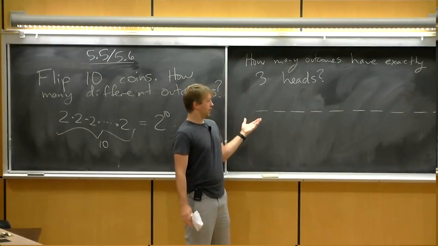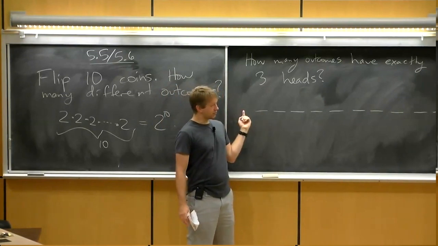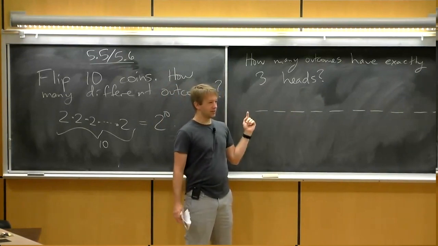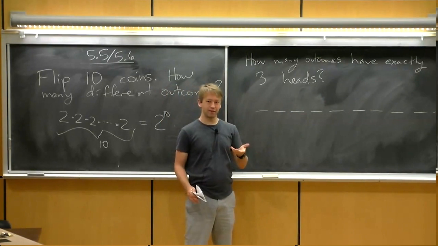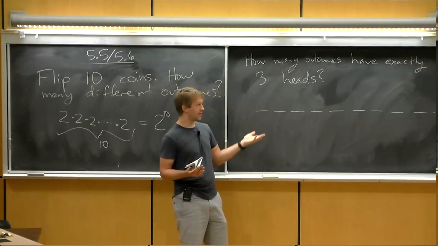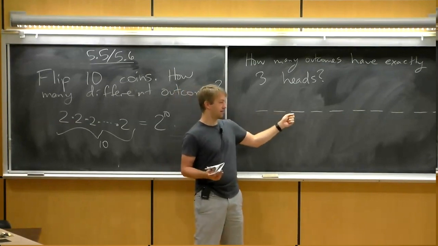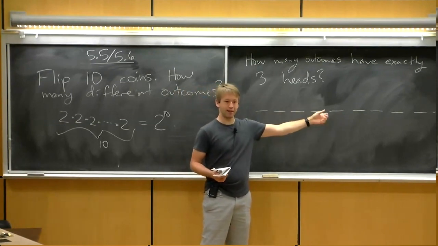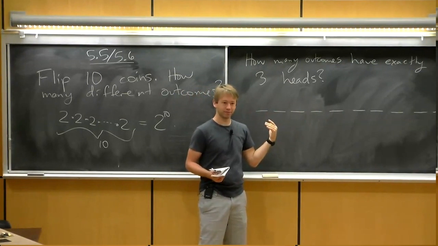So anyway, we've got like 10 positions. Each of them can be heads or tails. And to have exactly 3 heads, it's the same as picking 3 positions to be the heads and then putting the tails on the rest of them.